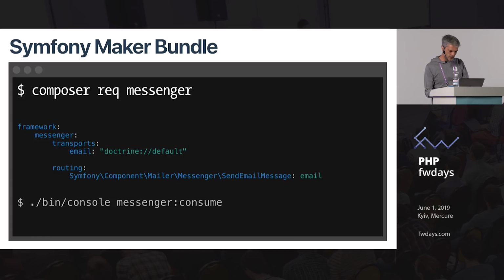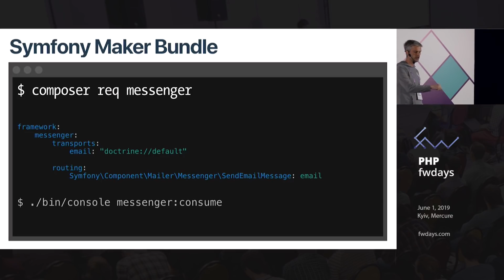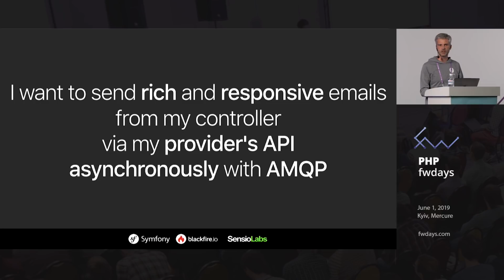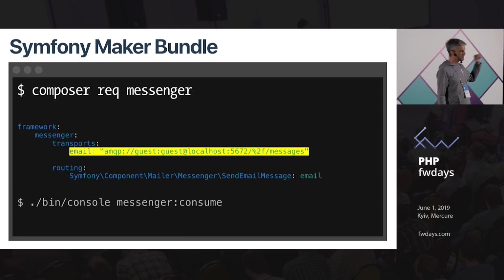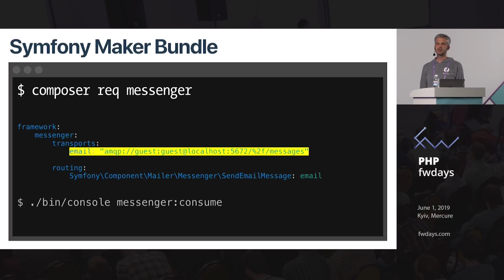Okay, so here I've done that with Doctrine, and that's new in Symfony 4.3. You can see the transport here. I'm sending email asynchronously via the Doctrine transport, but I want to use AMQP, which is probably something you want to do instead of using Doctrine here. Very simple. Okay, so you need to install RabbitMQ, of course, and then you can change the DSN and use AMQP, and then your login, password and the domain and the URL for your RabbitMQ server.